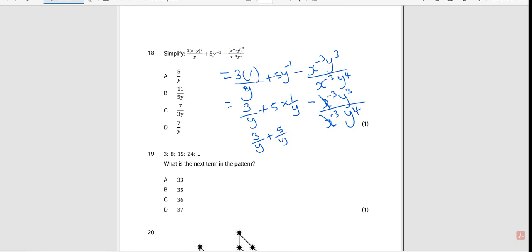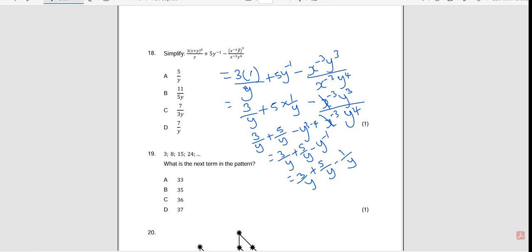I'll be left with this one, which is going to be minus y to the exponent of 3 minus 4. And then the answer is going to be 3 over y plus 5y minus y to the exponent of negative 1, which is 3 over y plus 5 over y minus 1 over y.